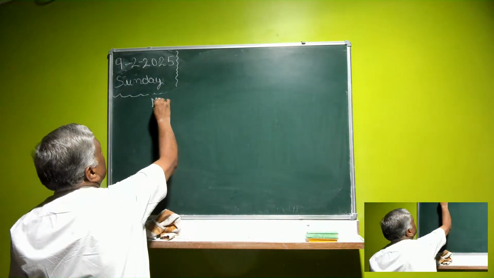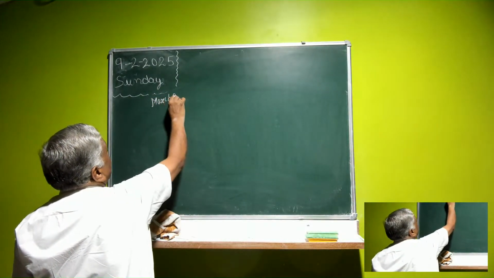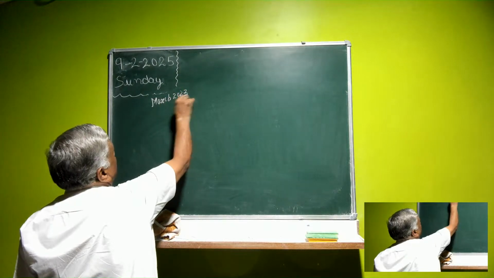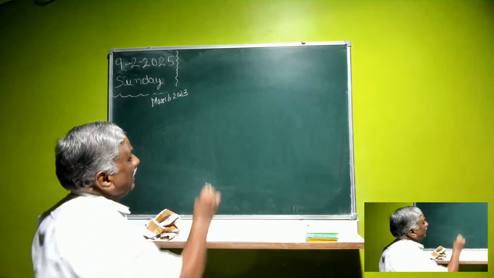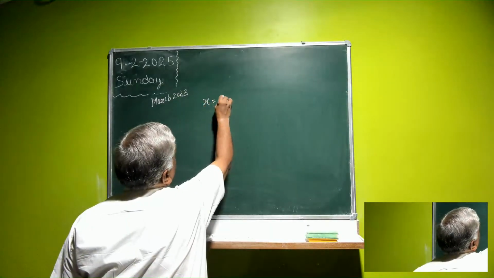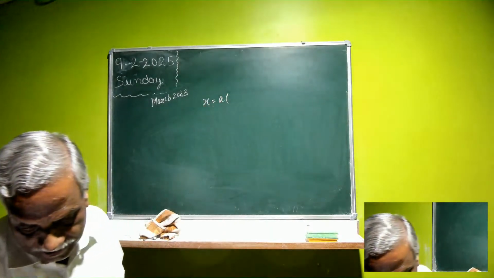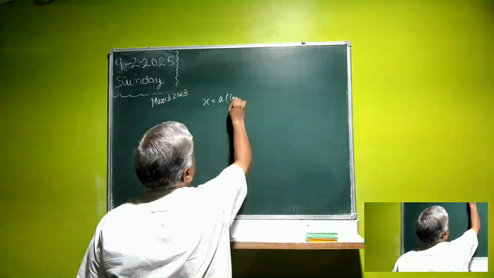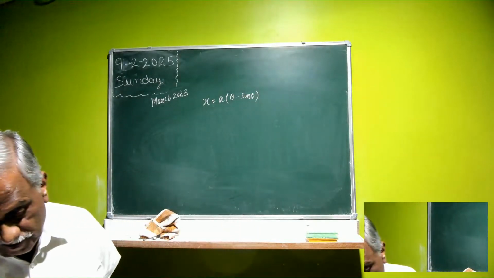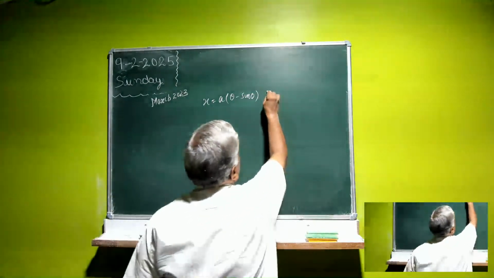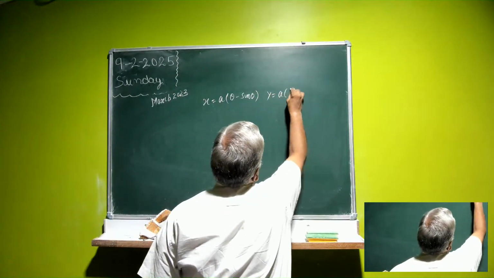March 2023. Find dy by dx if x is equal to a into theta minus sin theta, y is equal to a into 1 plus cos theta.